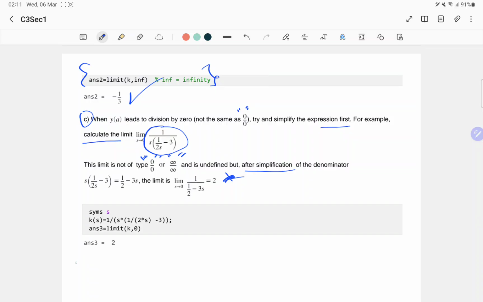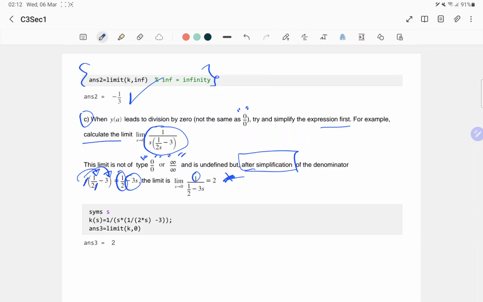You will actually simplify. So this times this, you're going to have 1 over 2, 3 times s minus 3s.